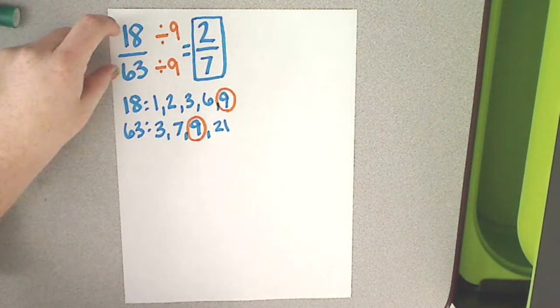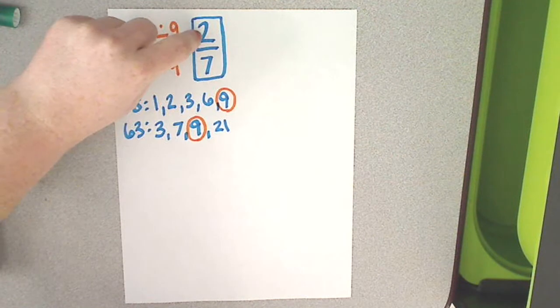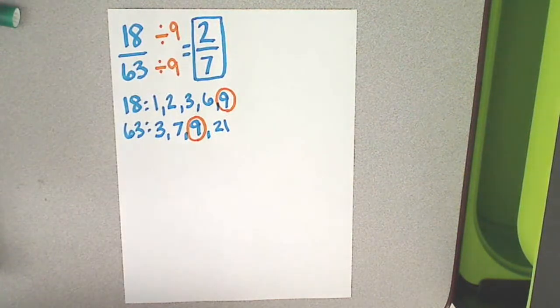But if you can simplify this fraction and write a fraction strip that's 2 shaded out of 7, that's going to be a whole lot easier. So when you're simplifying fractions, you are making them into their most simple form in order to make them easier to work with. Let's take a look at our next example.